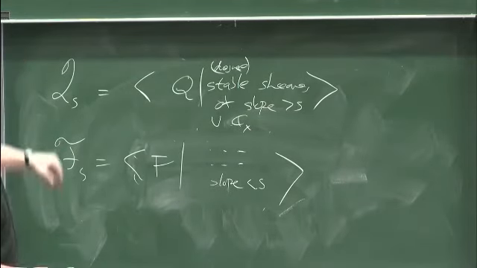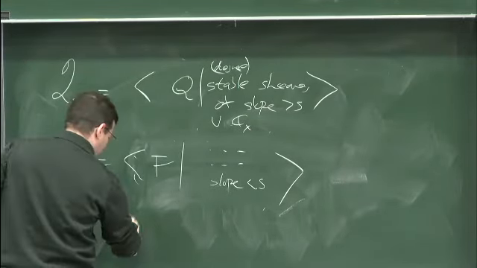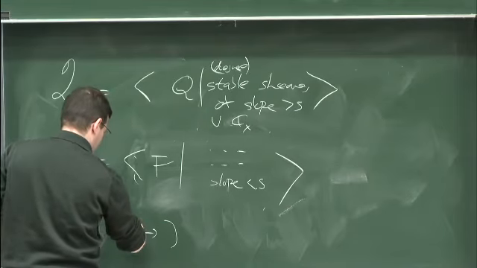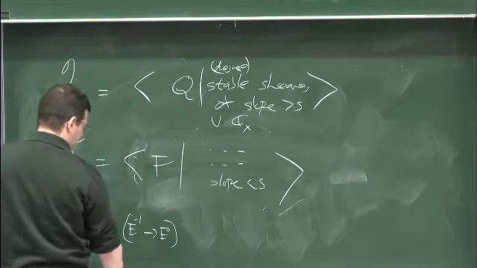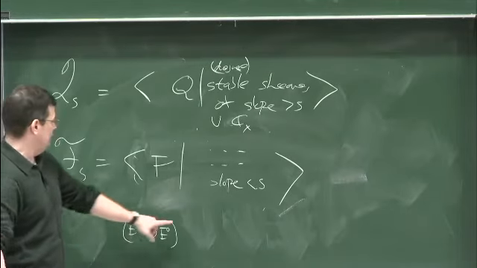Then this category, A_s, is just the category of two-term complexes that have cohomology in F on the left and in Q on the right.